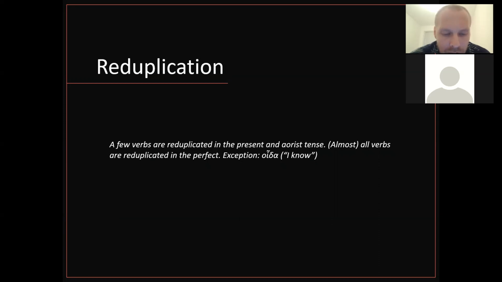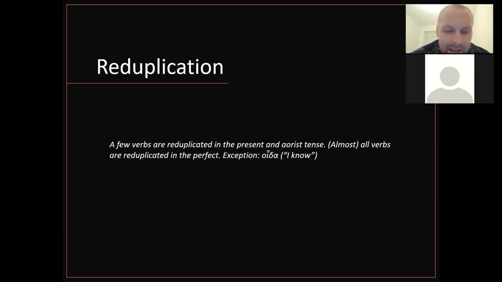However, in the perfect tense, the reduplication is the rule rather than an exception. And in fact, all verb forms in the perfect tense are reduplicated, except for the formally perfect tense verb oida, I know, which however has a present meaning.